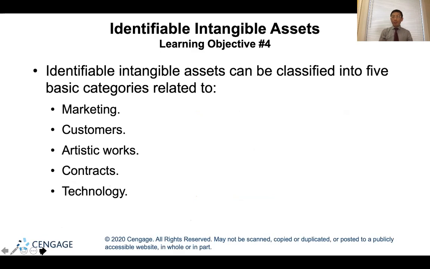Okay, and then we would like to have a discussion about some specific identifiable intangible assets, like marketing related, like trademark or trade name, and customer related intangible assets, and artistic related, technology related intangible assets.